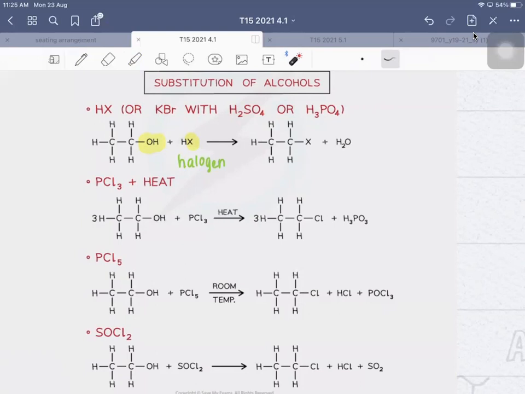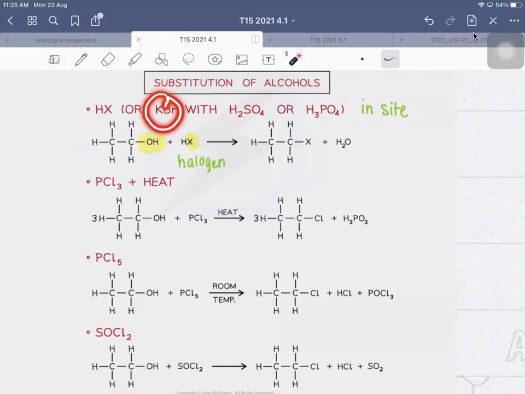No. Hydrogen halides can only be produced inside the reaction. We call this in situ. That means on the spot. It is produced on the spot inside the reaction mixture in the same apparatus where you would have this reaction happening.